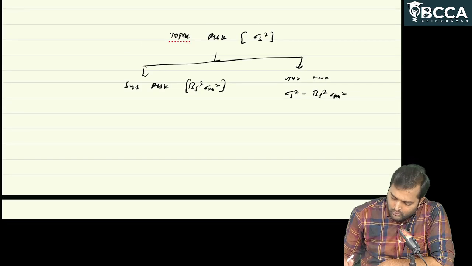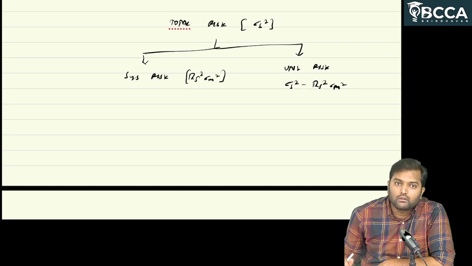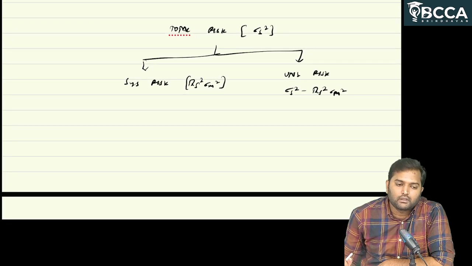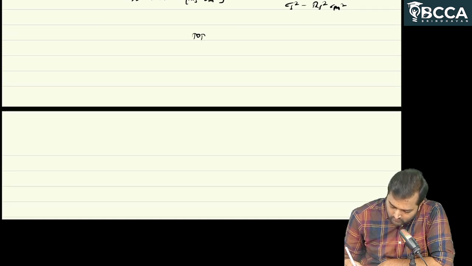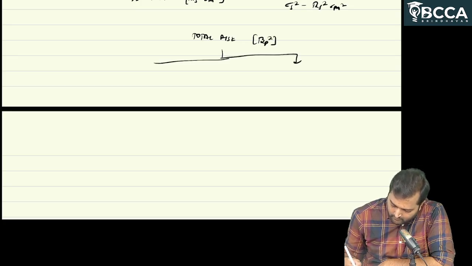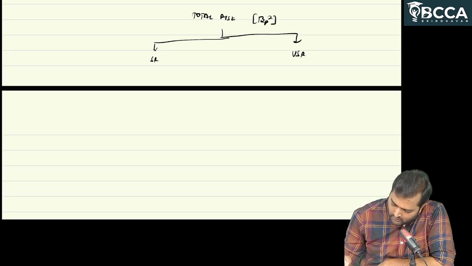This is the formula for a security. If it is a portfolio, total risk is systematic risk plus unsystematic risk. The systematic risk formula is beta p square sigma M square.